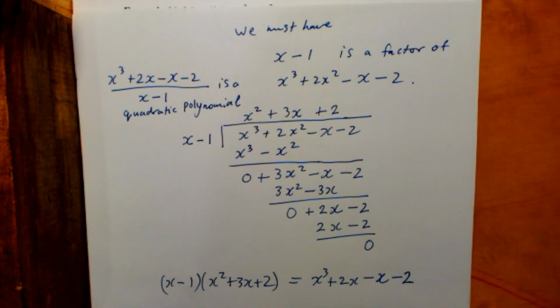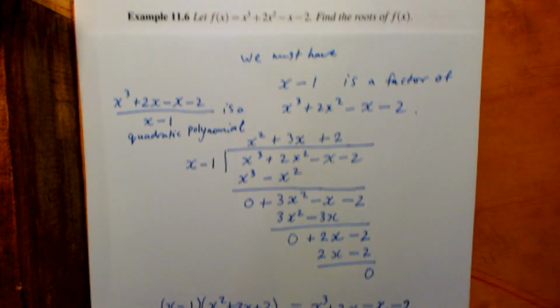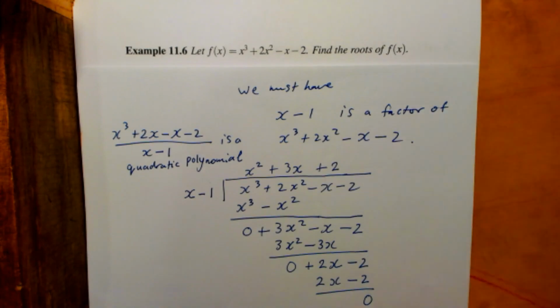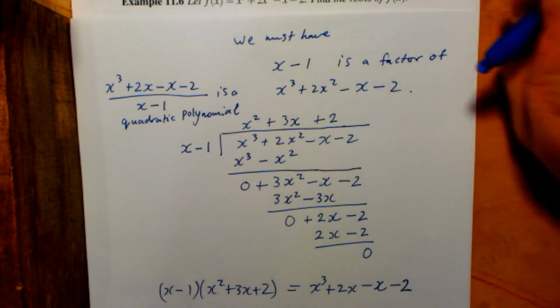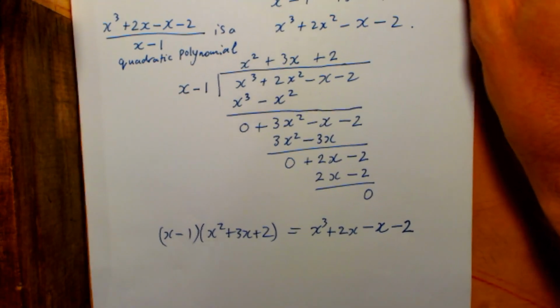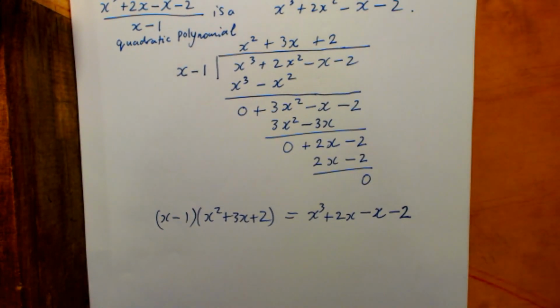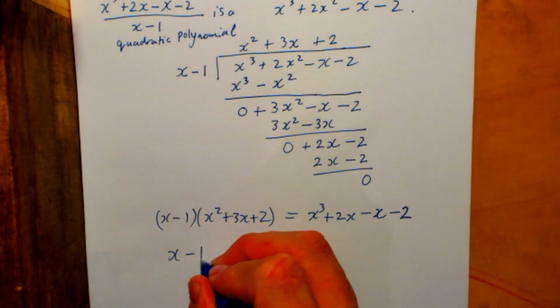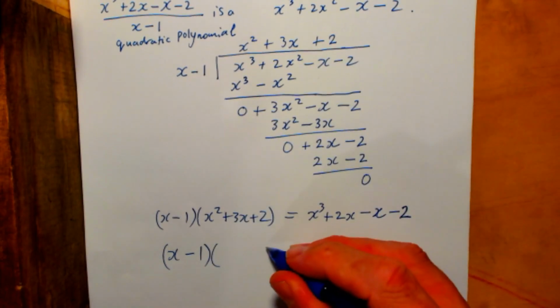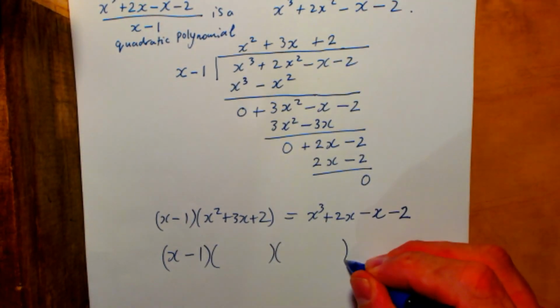So that makes the problem easier to find the roots, right? So all we have to do is find the other two roots, and they are the roots of that quadratic. Now we can factorize this by hand, or we can use the quadratic formula if you're really stuck, but it's easy enough to factorize by hand because they happen to be integer roots.